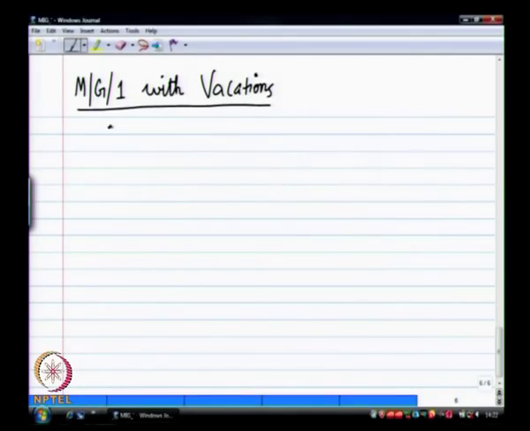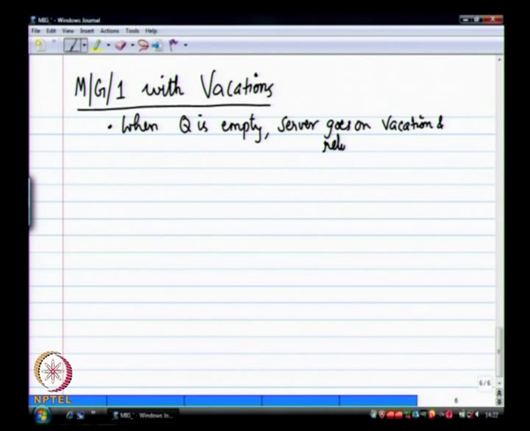So let us write this down. When the queue is empty, the server goes on vacation and returns.